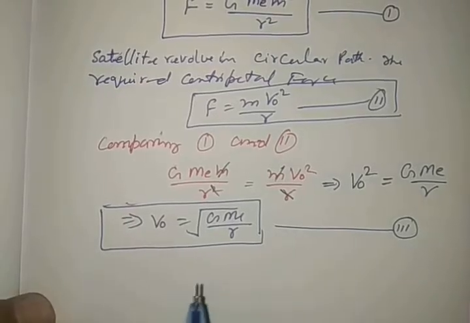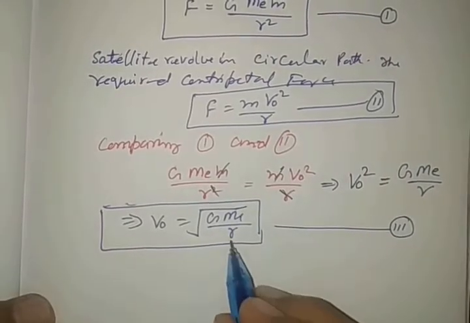So orbital velocity depends on the mass of Earth.